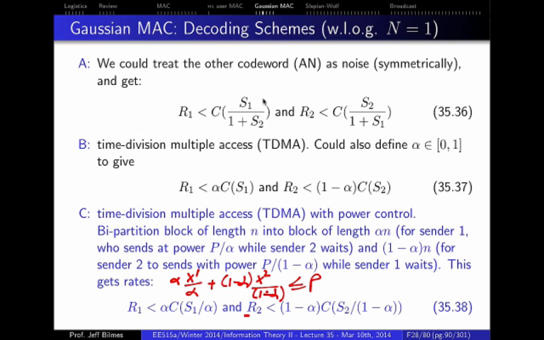But when we sum up the powers of those, each one is divided by alpha. So each one is sending at a greater power, and we still satisfy the power constraint.